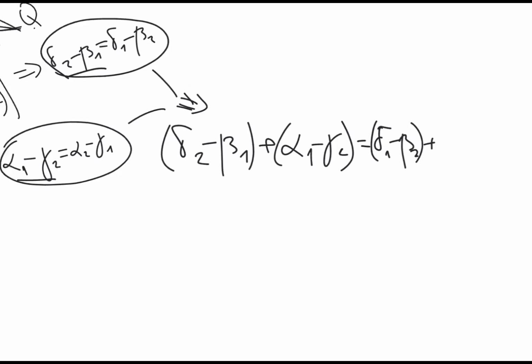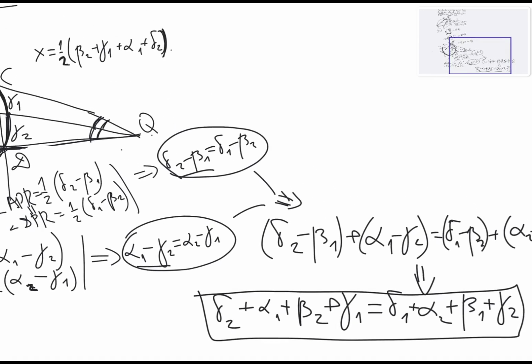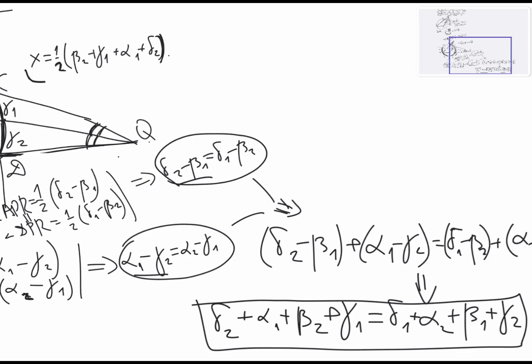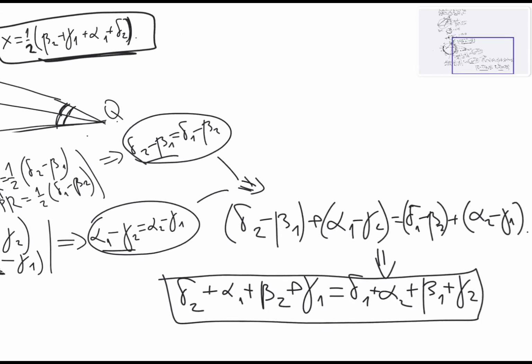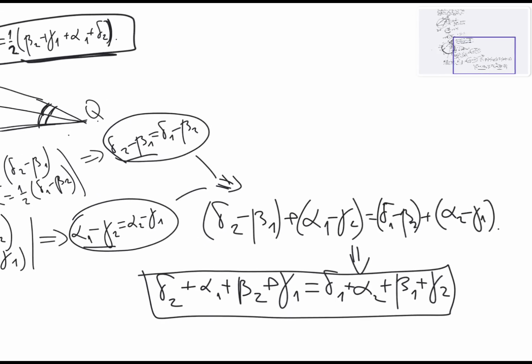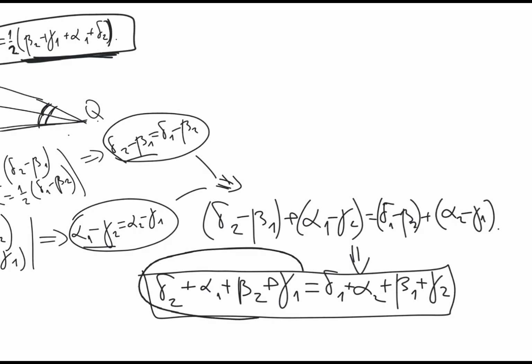Okay, and now we recall that we have the angle x expressed like this, angle x that we need to find. And so this expression, beta 2 plus gamma 1 plus alpha 2 plus beta 1... So this is actually exactly the expression on the left hand side here, just in different order.